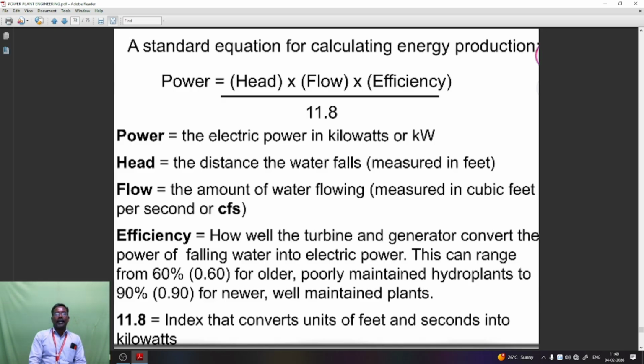This can range from 60%, that is 0.60, for older poorly maintained hydro plants to 90%, that is 0.90, for newer well-maintained plants. 11.8 is an index that converts units of feet and seconds into kilowatts.